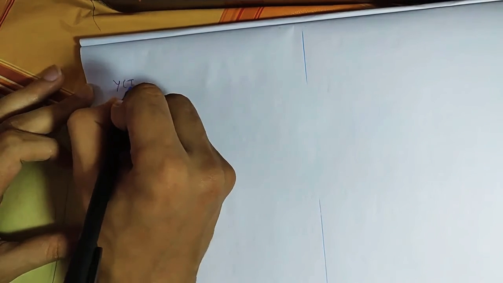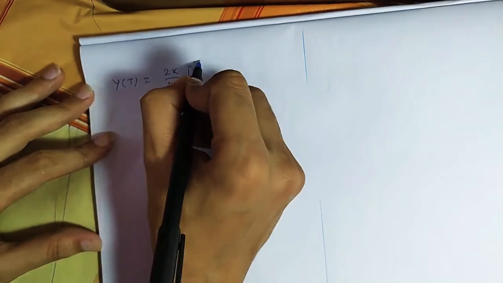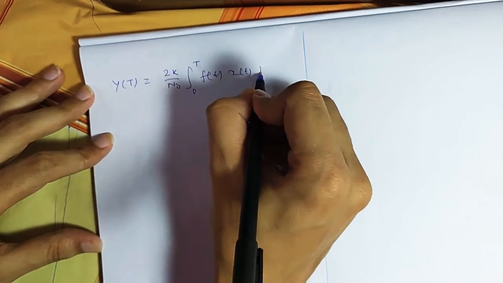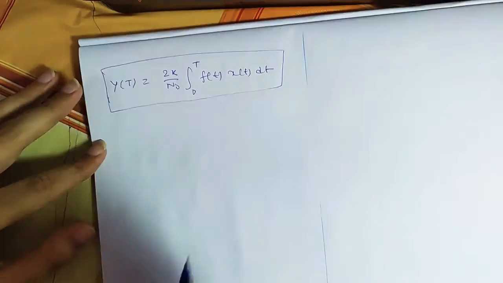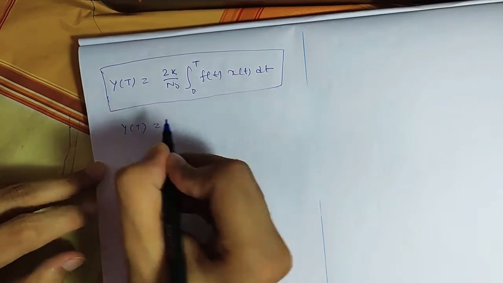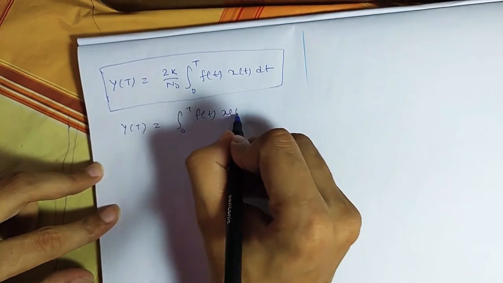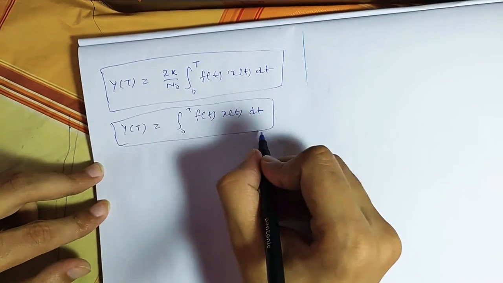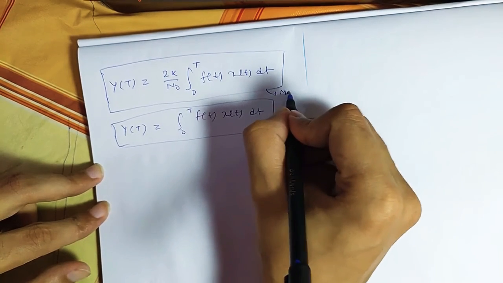So y(T) equals 2k by N0 times the integral from 0 to T of f(t) x(t) dt. That is the matched filter output at t equals T, and the correlator output was y(T) equals the integral from 0 to T of f(t) x(t) dt. So that is for the correlator, and that is for the matched filter.